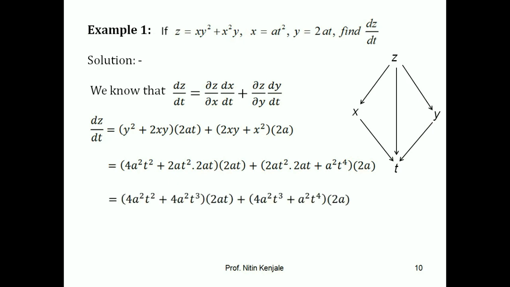More simplification will give you this. So the final answer dz/dt is equal to 4a square t square plus 4a square t cube into 2at plus 4a square t cube plus a square t raised to 4 into 2a.